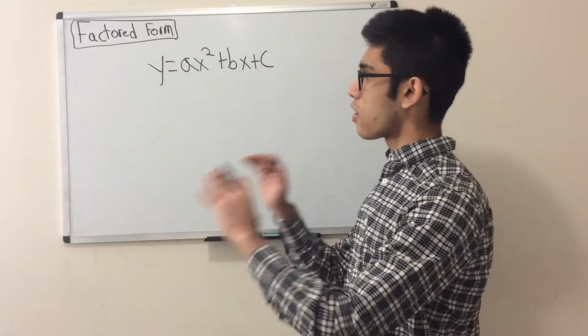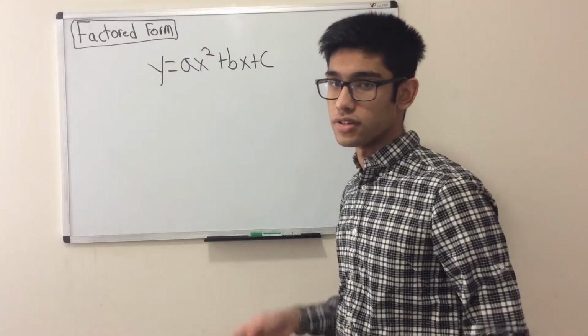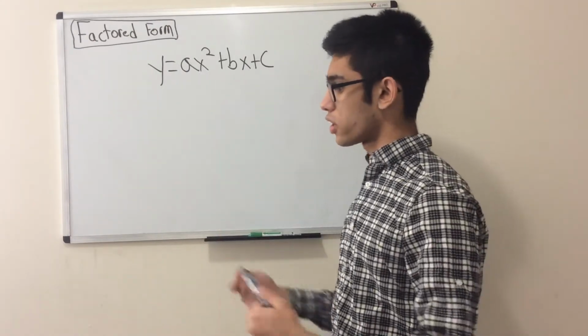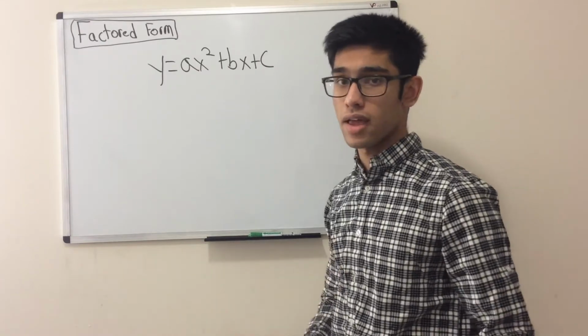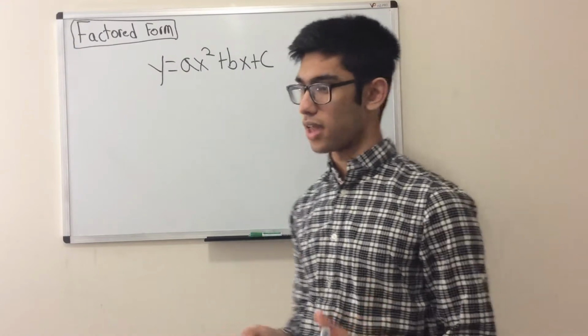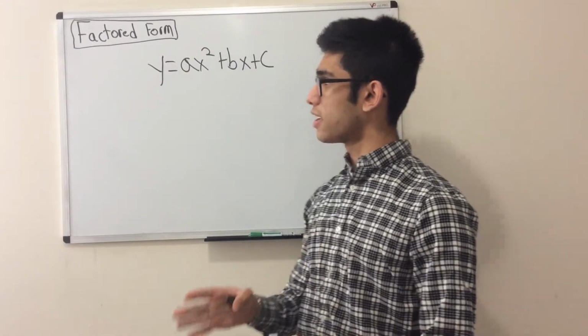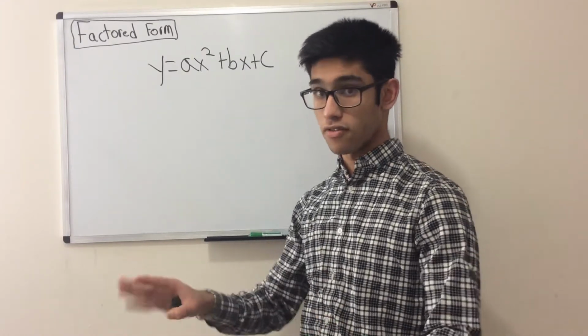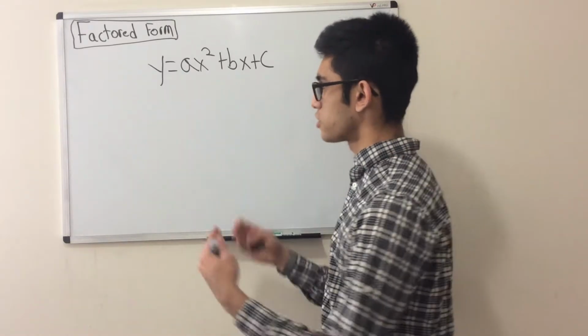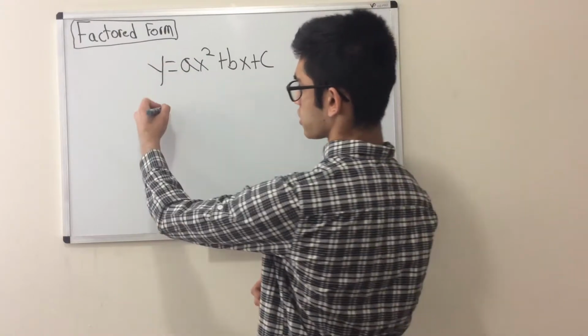Now we're gonna talk about a new way of writing these equations. Like this equation right here can be written as something else. And we're gonna show how we can do that and what information we can gather from something like that. So I'm going to throw up the algebraic, or just the letter form, as I like to call it, of the equation. This is the letter form. But just the general form of factored form looks like this.